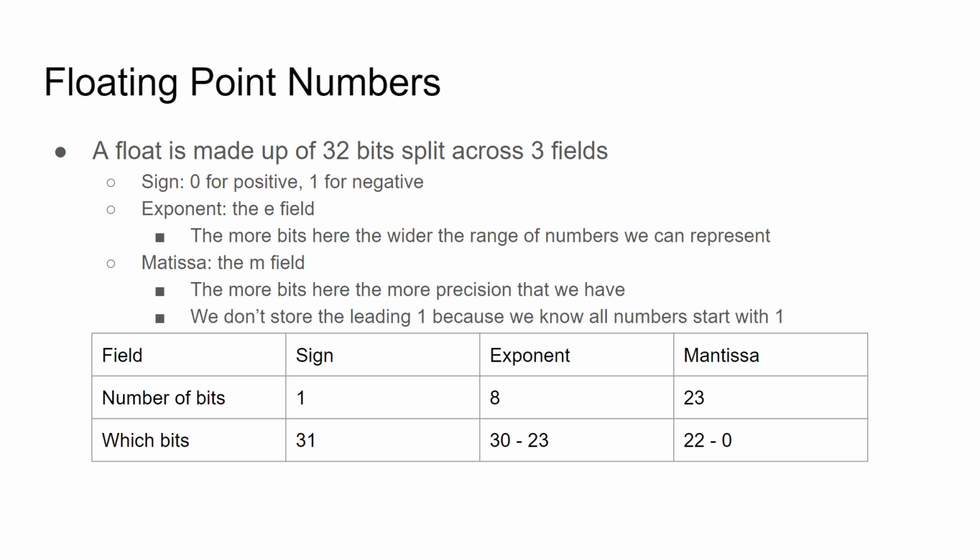We can represent really big numbers if we multiply by a big exponent, and very small numbers if we multiply by a very negative exponent. The mantissa, which we're going to see is the M field, is going to be the last 23 bits of the number.